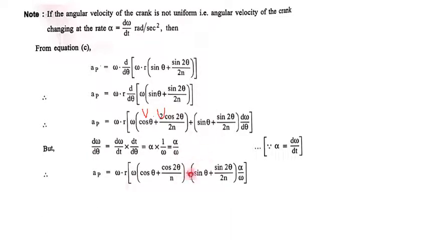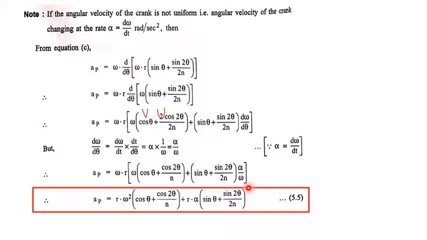So the above equation becomes, the remaining terms I will write as it is, whereas in this place I will substitute alpha by omega. After multiplying omega into r to this entire equation, it becomes r into omega square into cos theta plus cos 2 theta by n, plus r into alpha into sin theta plus sin 2 theta by 2n.